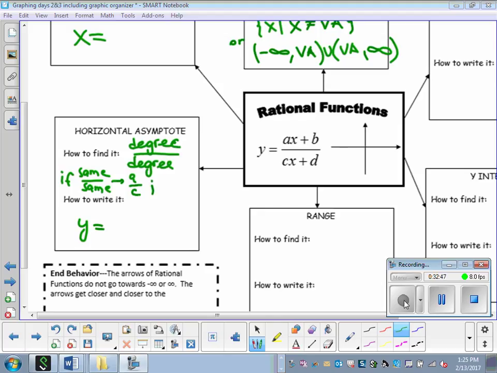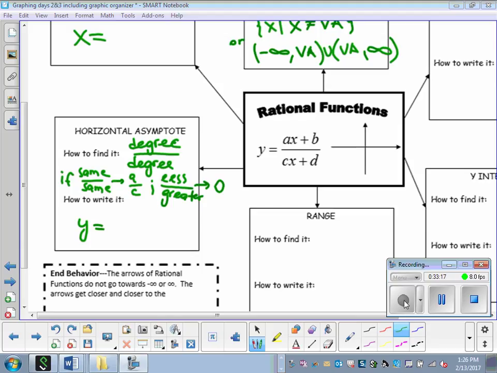If the degree of the polynomial in numerator is less and the degree of the polynomial on the bottom is greater, then you use 0. Y equals 0 is your horizontal asymptote, just as we had in those first two examples, 1 over x plus 1, where the horizontal asymptote was y equals 0.